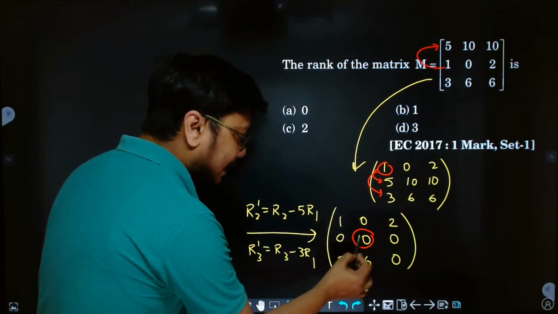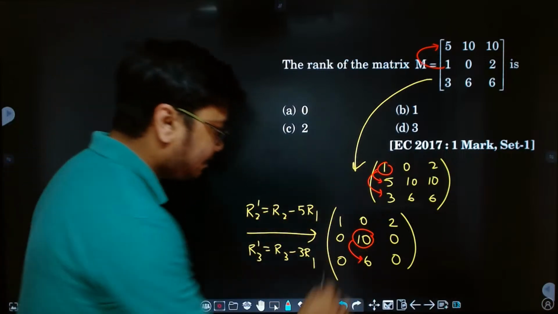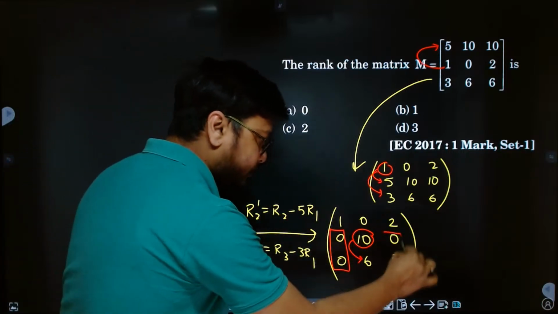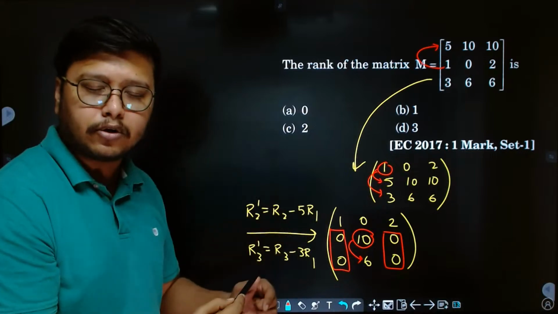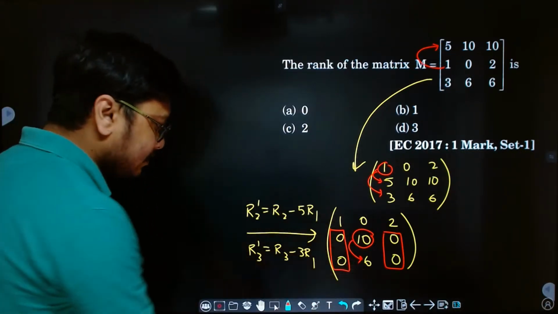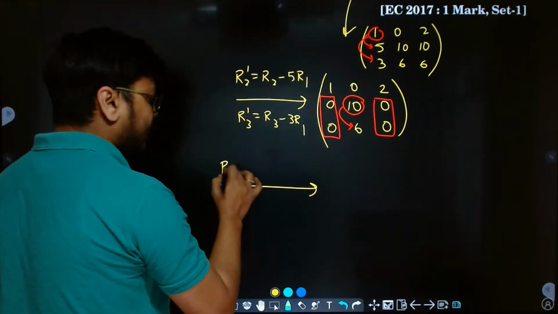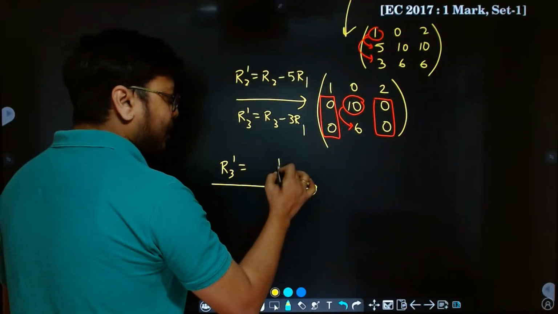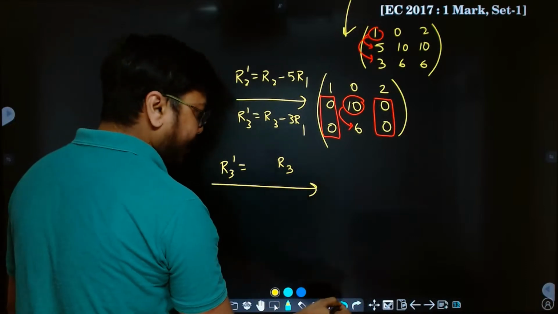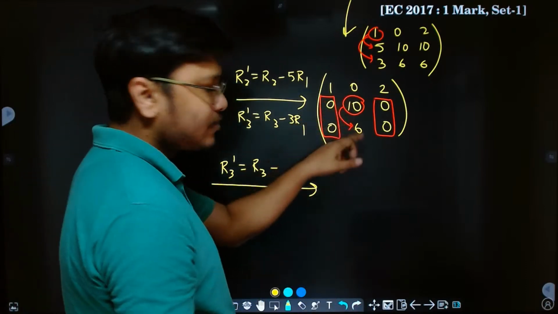We can use this 10 to make this 6 0, and none of the other zeros will be destroyed because the zeros are synchronized. 0 below 0, so the zeros will not affect each other. So with this 10 we can make this 6 0. So how will we do that? We'll just do the row operation R3 dash equals R3 minus, we want to subtract 6 from it.